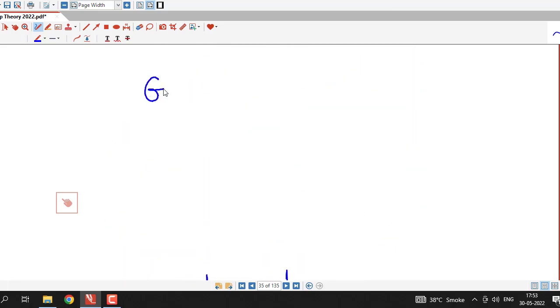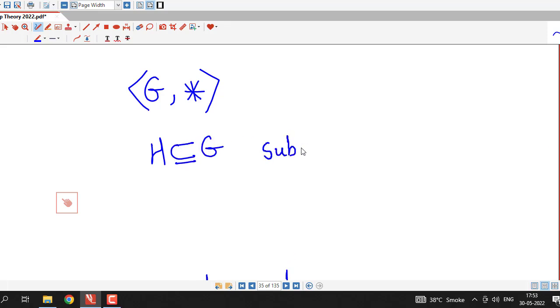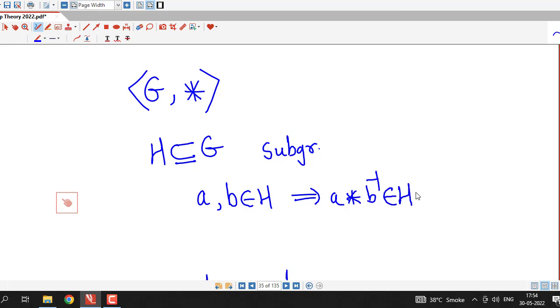We know that if G is a group under binary operation star, then any subset H of group G is a subgroup of group G if for any two elements A, B in H, A star B inverse is also an element of H.